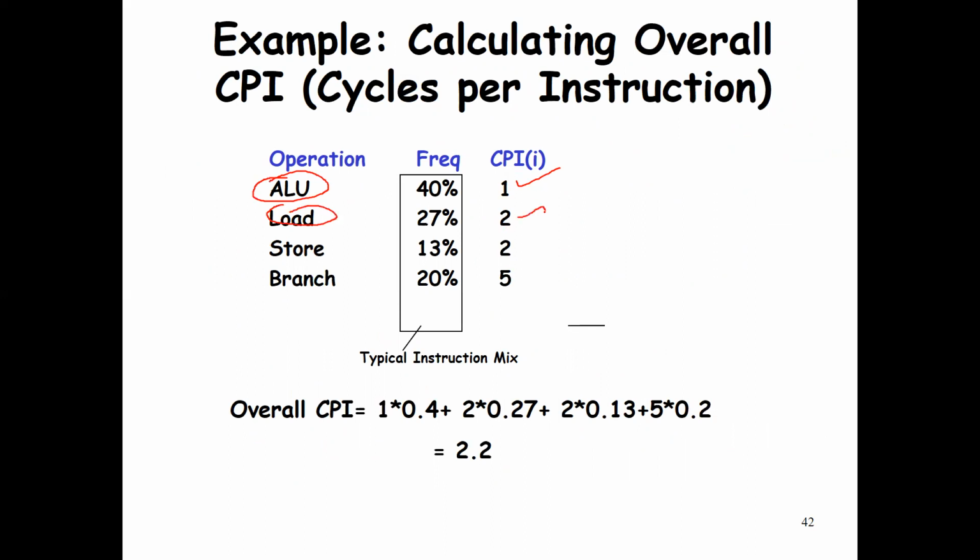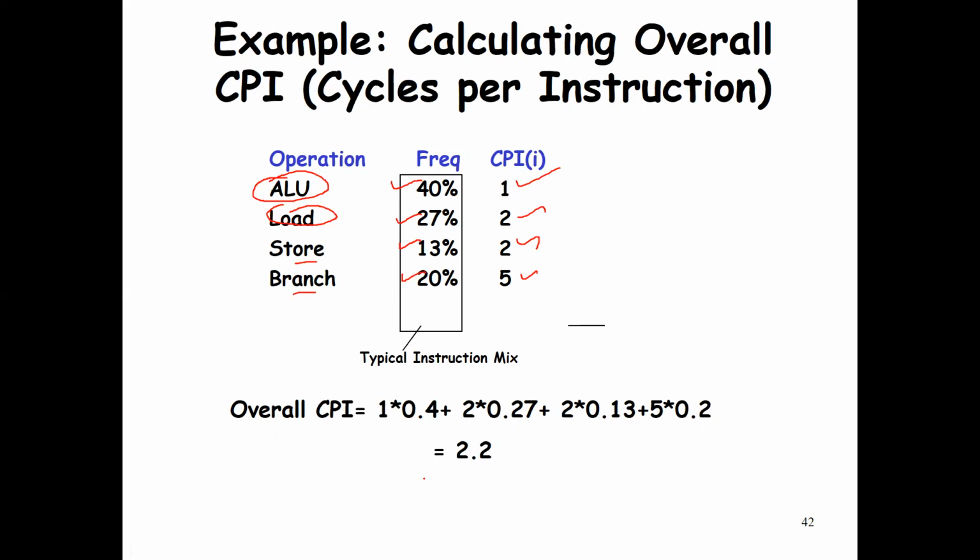Say a store instruction can be executed in 2 clock cycles. Say a branch can be executed in 5 clock cycles. And let us assume that typically in a program, 40% of instructions will be arithmetic, 27% load instructions, 13% store instructions, and 20% branch instructions.